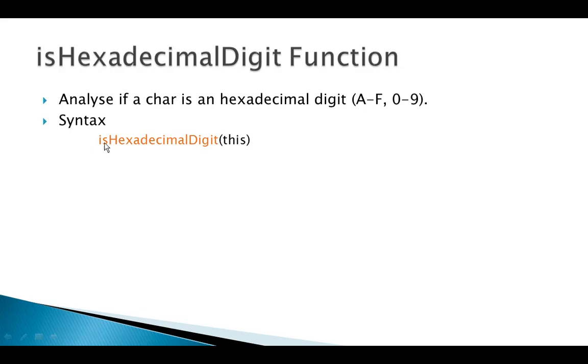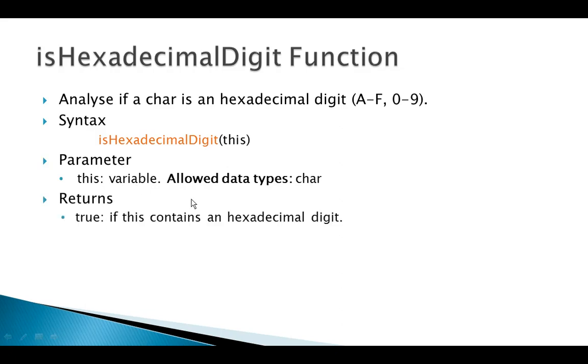So the syntax is the same. In hexadecimal, H should be capital, and in digit, D should be capital. Again this variable is of data type character, and it will return true if it contains a hexadecimal digit, otherwise it will return false.